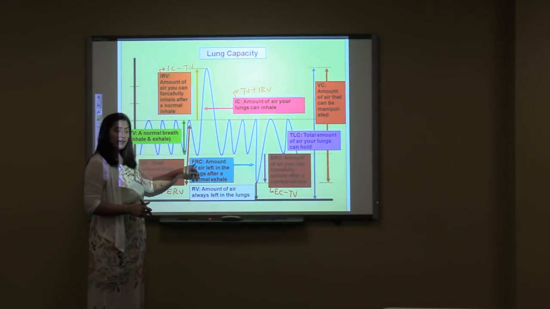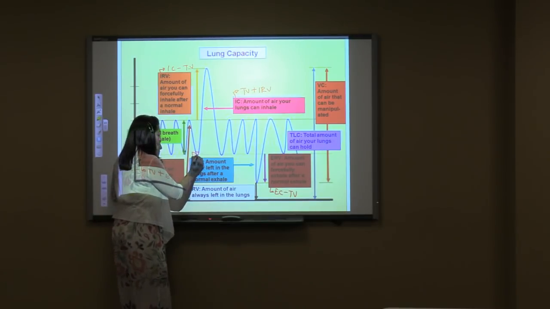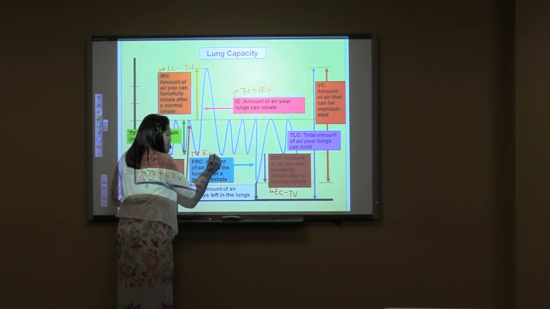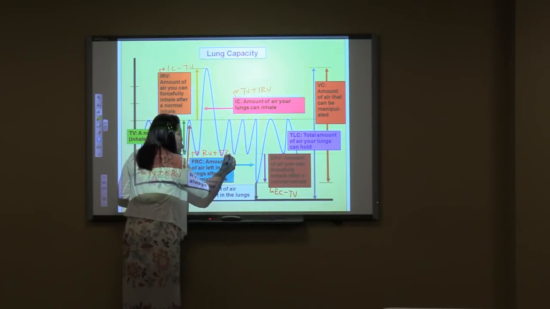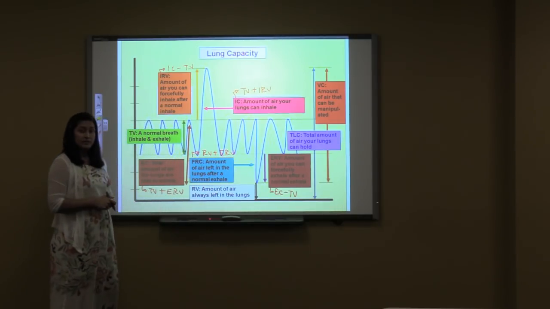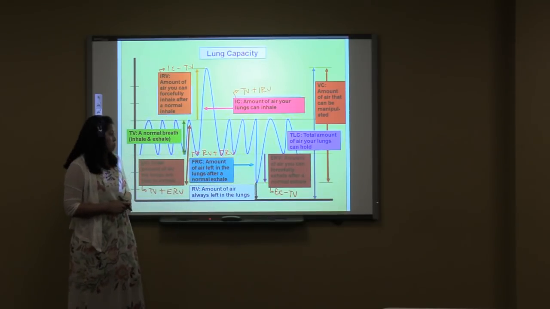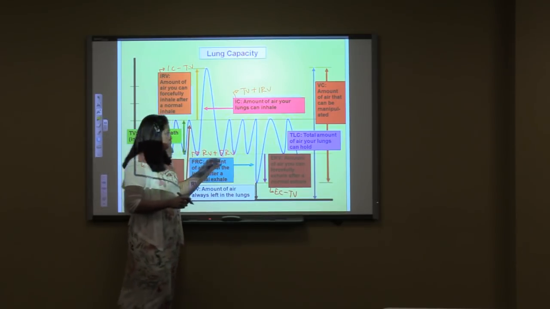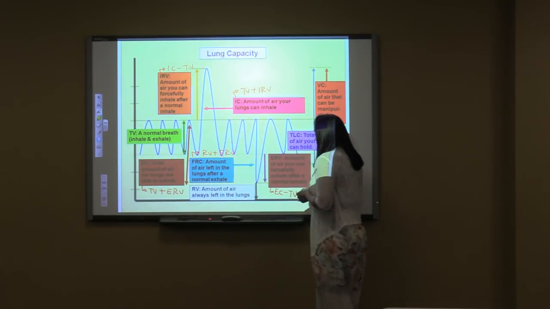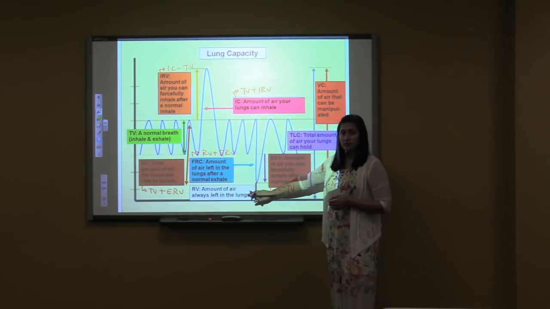How do you calculate FRC? RV plus ERV, because this and this come together giving you FRC. Now, how do you calculate RV?